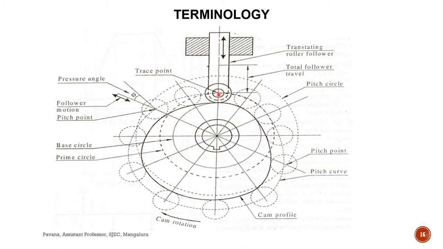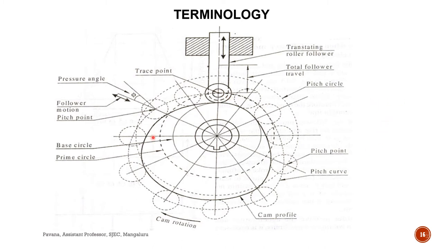For knife edge follower, flat faced follower and spherical follower, the trace point will be the point of contact, whereas for roller follower the trace point will be the center of the roller. So there is no rule that always the point of contact should be the trace point.